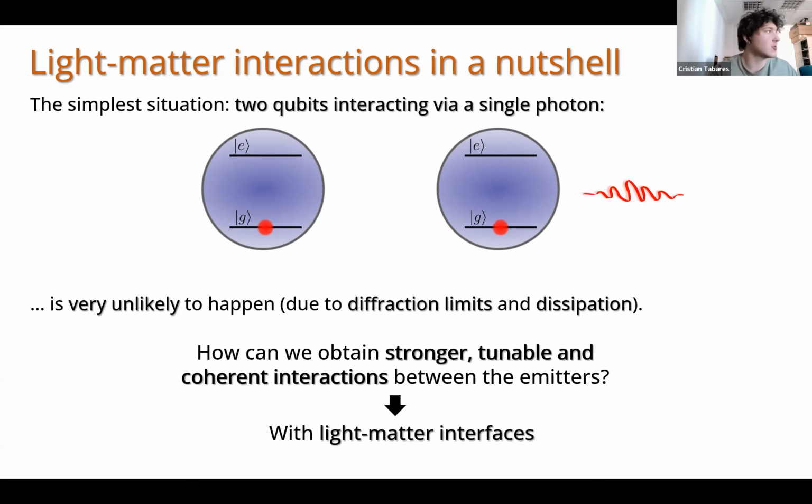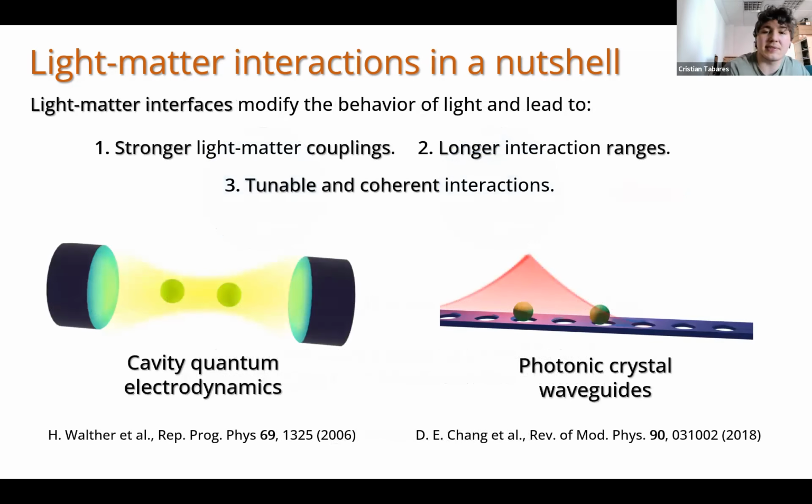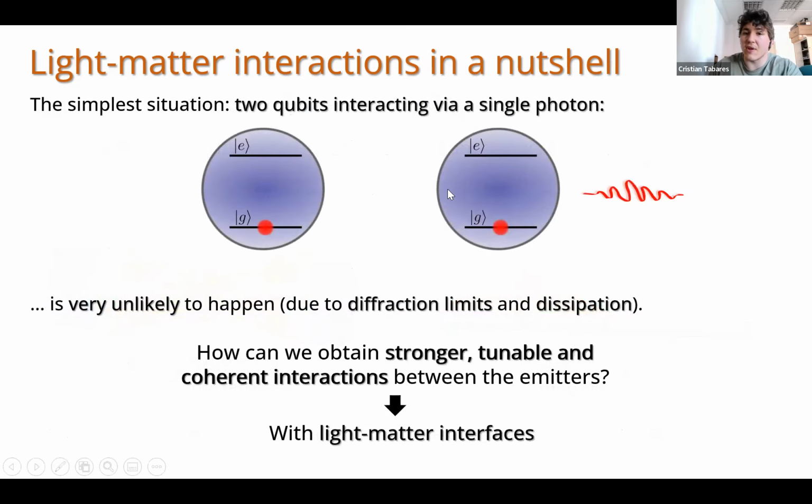And a possible way out is to use light-matter interfaces. These light-matter interfaces, in general, modify the behavior of light and lead to stronger light-matter couplings. That means that you can tune the coupling between your atoms and light. Also to longer interaction range, because if these atoms interact, that will be because they are very close.